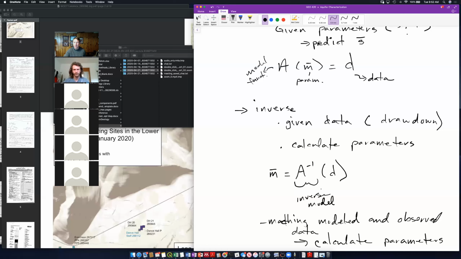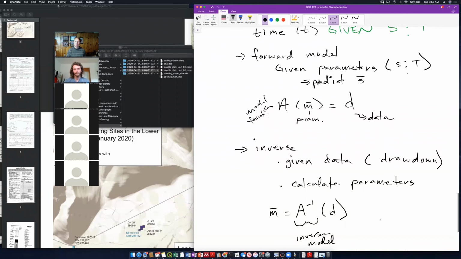We're going to stay with simple models where we can calculate this or get around having to calculate it, which we'll do on Thursday using curve matching. But at its most base level, all we're going to do is match modeled and observed data by finding the parameters that give us a predicted data set that best fits our observed data set.